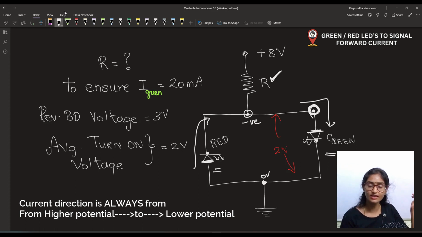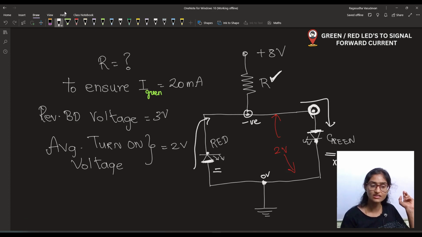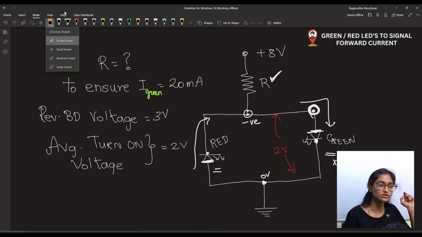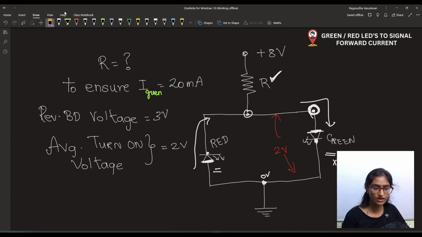But in green LED, the potential here, which is 0 volt, will be lesser than the potential at the P side. So green LED will not be on when this is a negative potential. Okay, so this potential has to be positive, which is above 0. So we have to design the value of R in such a manner.